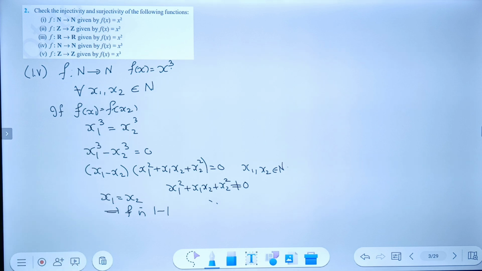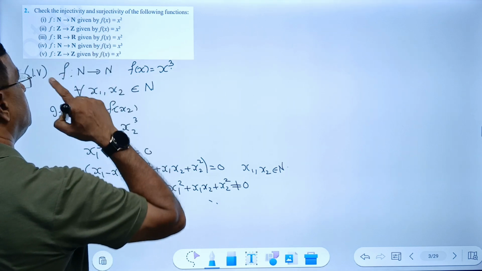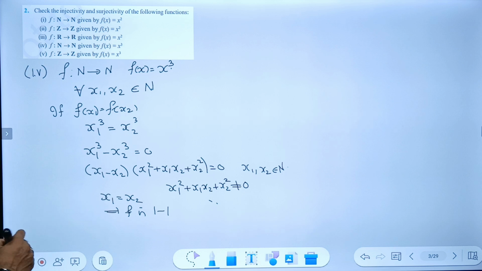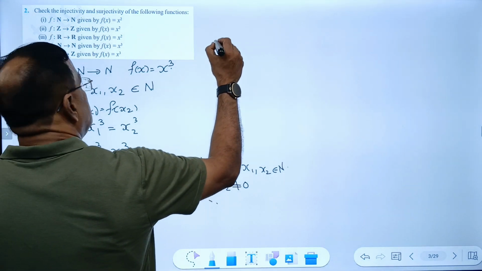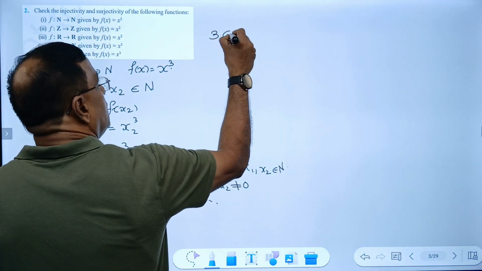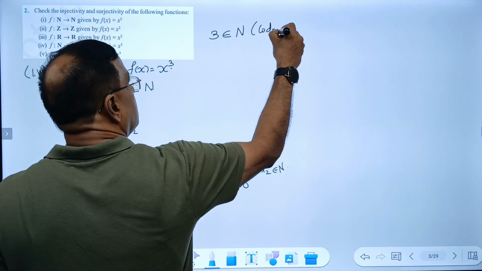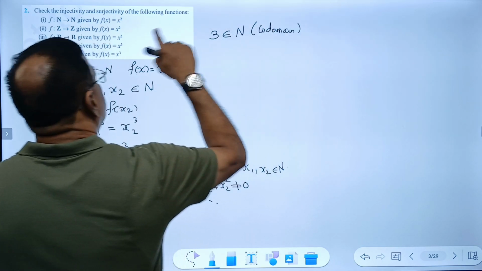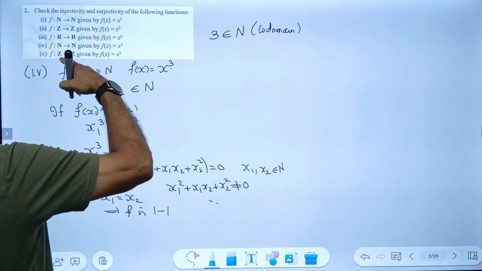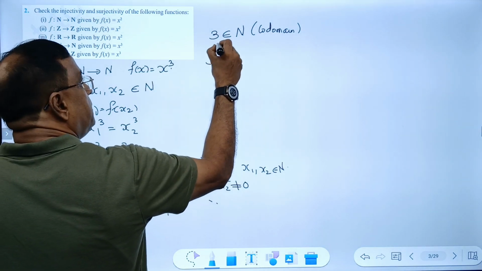Now we need to check whether it is onto or not. Let us take an example. Say 3 belongs to natural numbers in the codomain. Since this is cube, the preimage will be the cube root, 3 power 1 by 3.